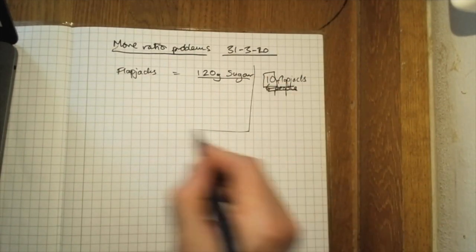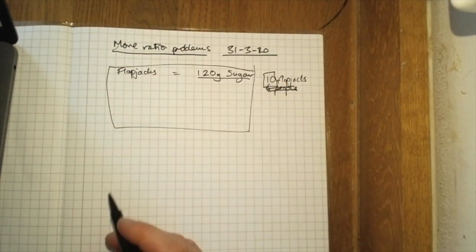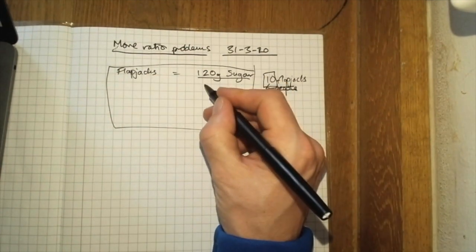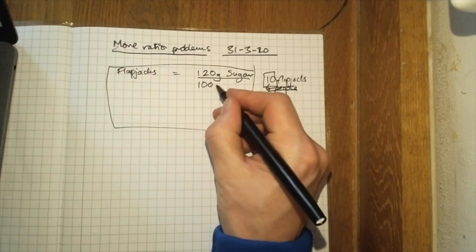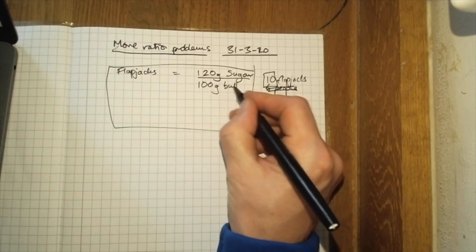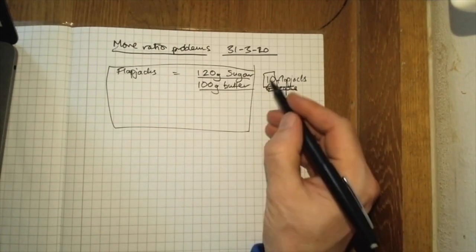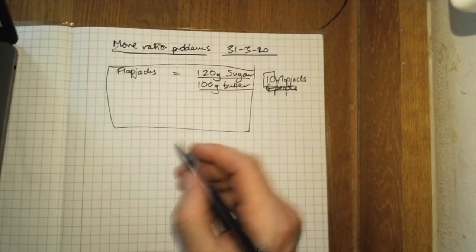So I've got my recipe, 120 grams of sugar. Let's say it has 100 grams of butter for 1 flapjack.